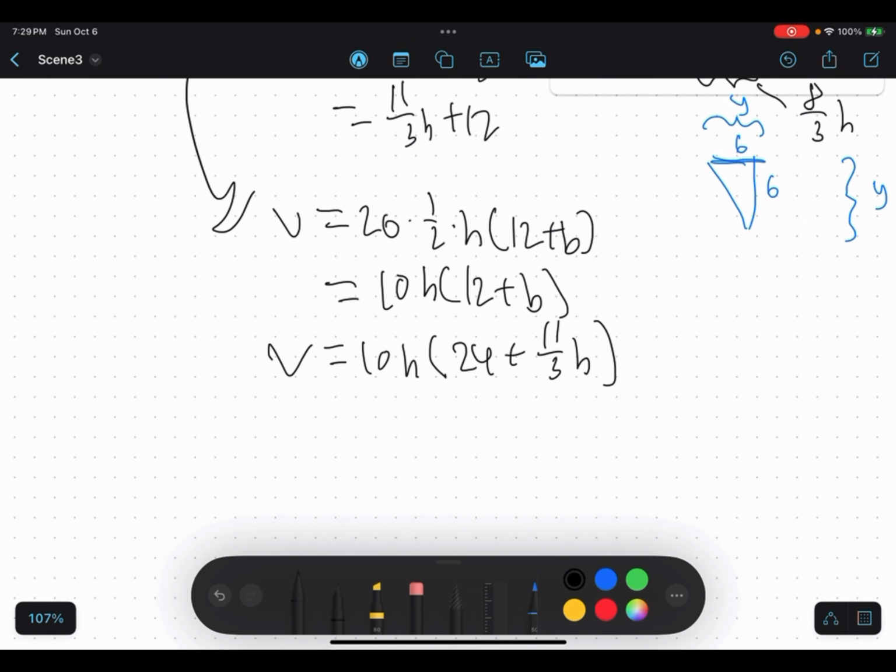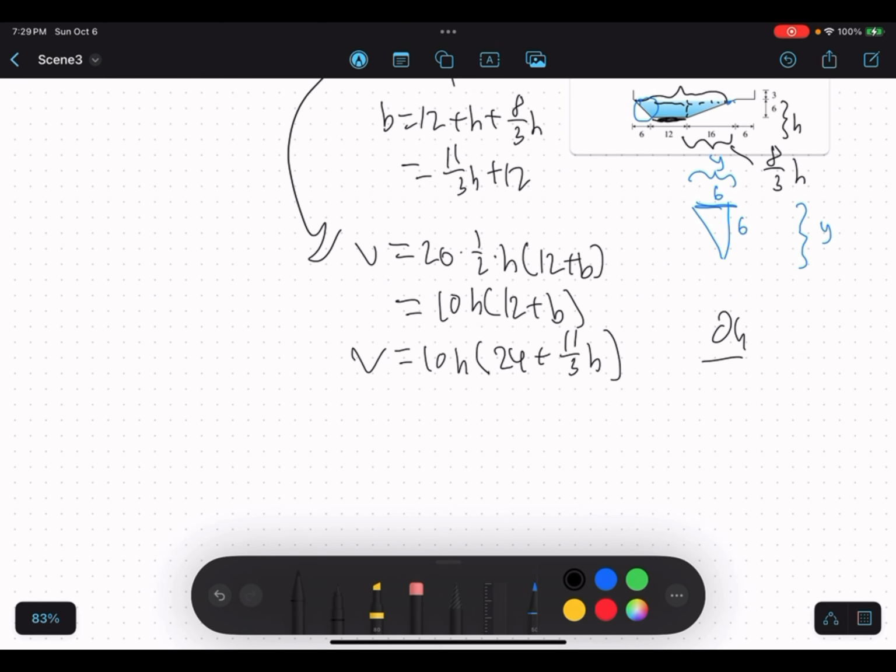So now all we have to do, we want to find dh over dt.